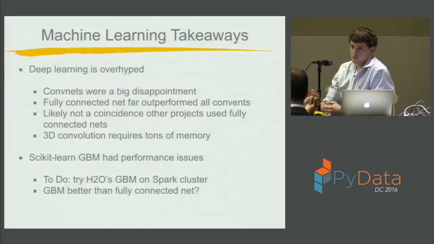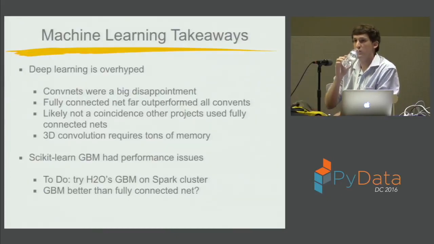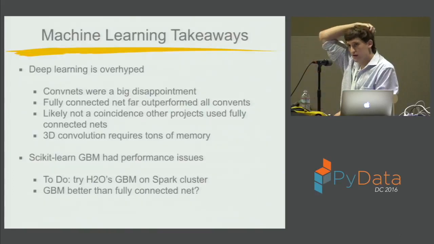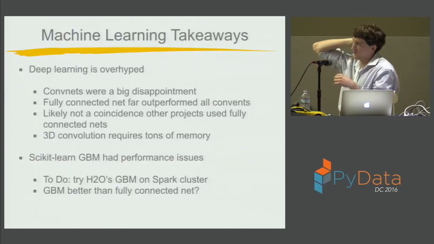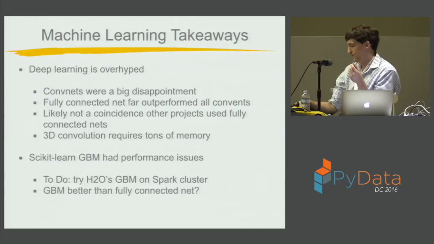Question: is it crazy to have a reduced, compressed black and white version, just a few pixels, that you use for 3D, and have the bigger, full color one and somehow combine those into a single model? You could do that, I think. It would be a little bit tricky with TensorFlow, but if you use a different kind of machine learning library, you can pass however many columns or features you want, so you could do something like that.